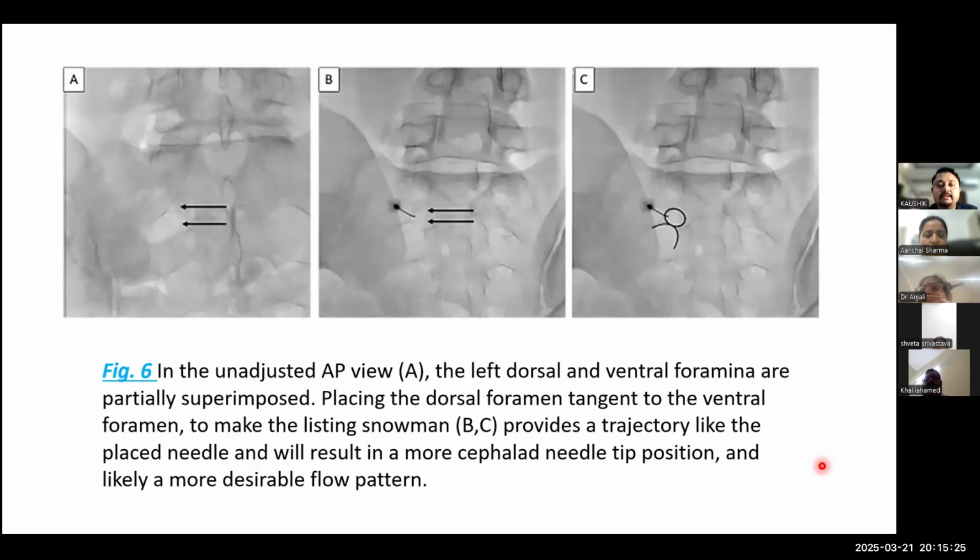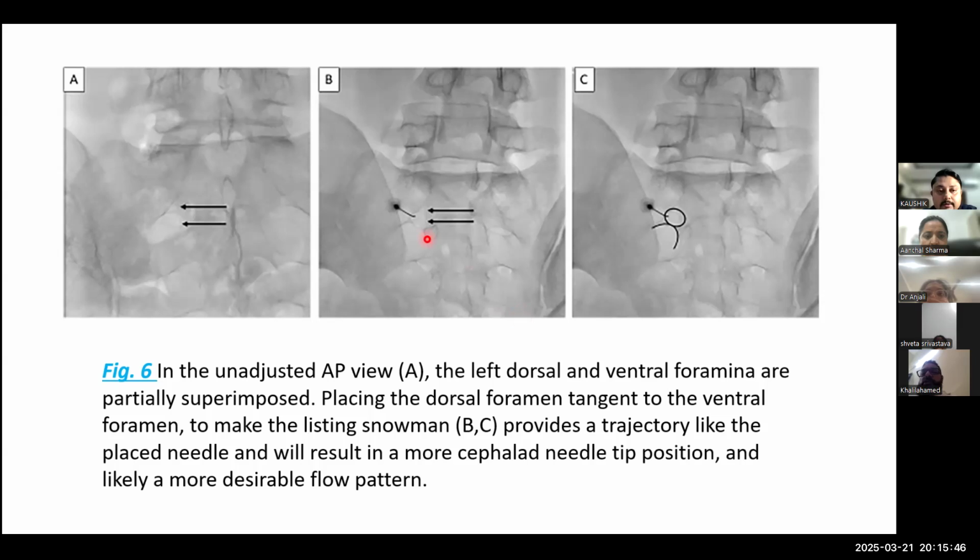As can be seen in these fluoroscopic images, in the unadjusted AP view, the dorsal and ventral foramina are partially superimposed, and the X-ray beam is then made ipsilateral oblique, as seen in this image.